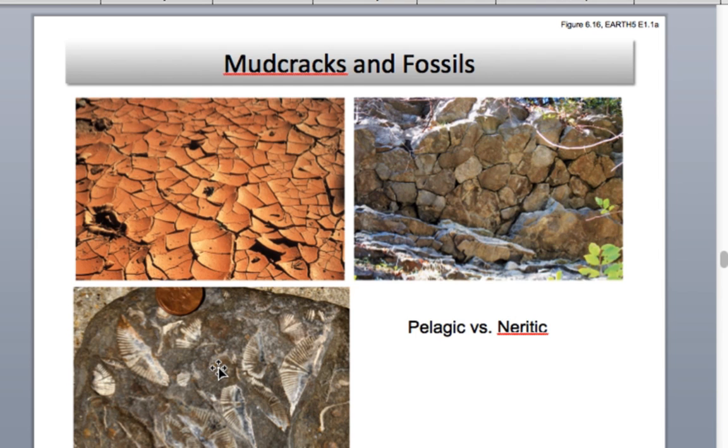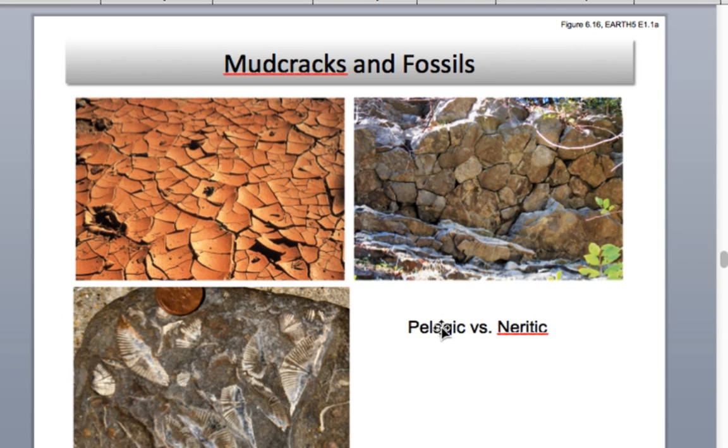Also, fossils can be useful for determining the environment of deposition. When I look at a shell bed, I realize that shells occur near shore, right? They're not going to be in the deep, deep ocean. So in fact, there's two words I want you to know. One is pelagic. Pelagic refers to deep waters, waters that are beyond the continental shelf, the slope.